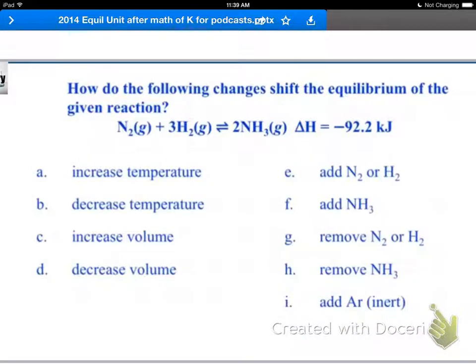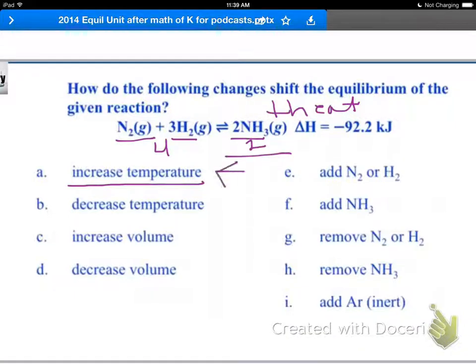Alright. How did the following changes shift the equilibrium of the given reaction? Here I have N2 plus 3H2 giving me 2NH3. So let's get our bearings. We have exothermic, so I'm going to put heat on the right. I have 4 moles of gas here, 2 moles of gas here. If I increase the amount of product I have of heat, it's going to shift left.